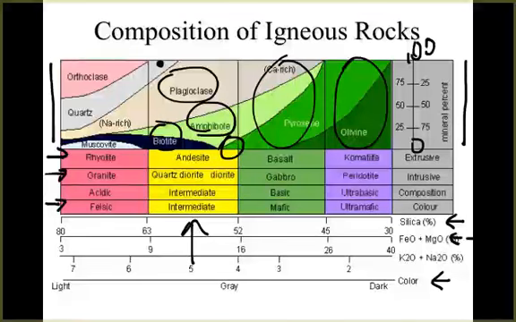A mafic rock is going to be comprised of a calcium-rich plagioclase, some amphibole, some pyroxene, and maybe a little bit of olivine. So that's how you're supposed to use this. It's a nice guide. It helps you remember what minerals you should expect to see, particularly when we're looking at the plutonic rocks.